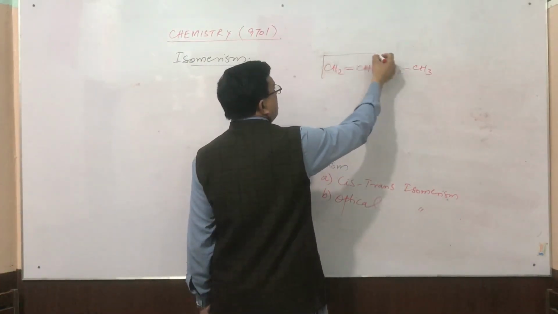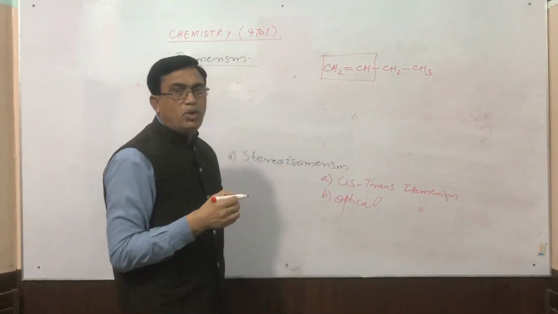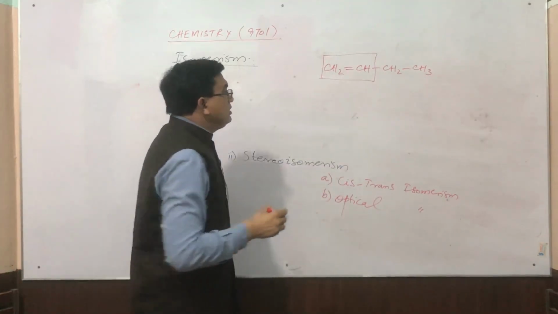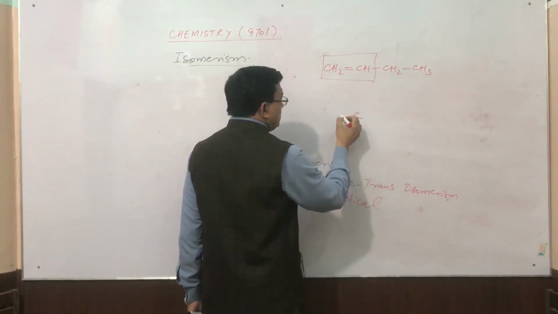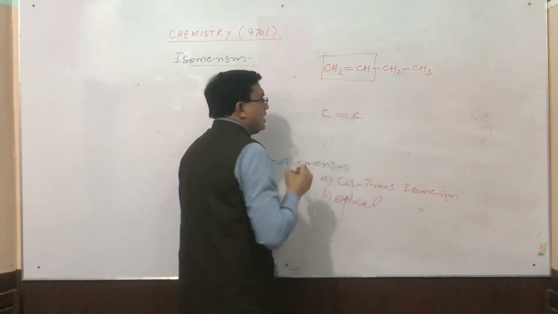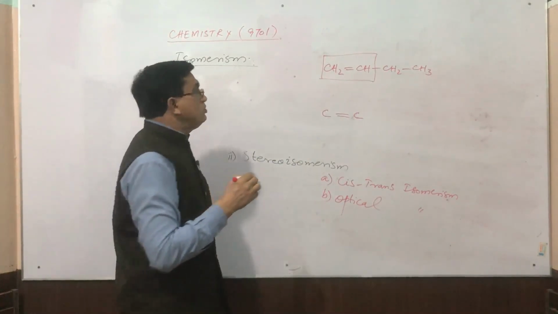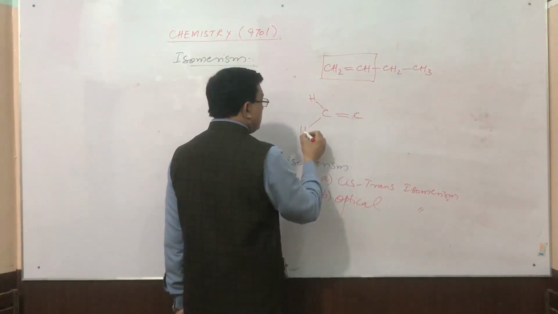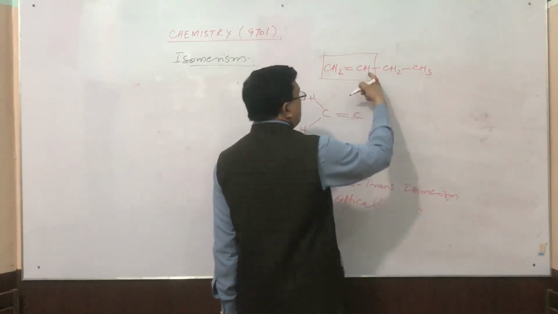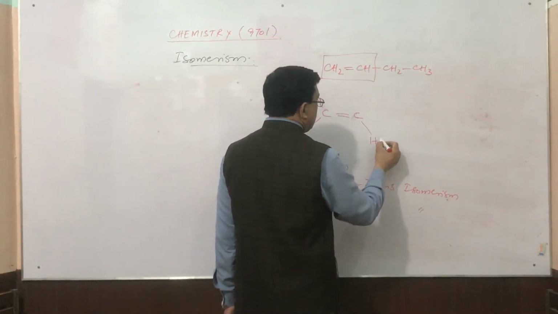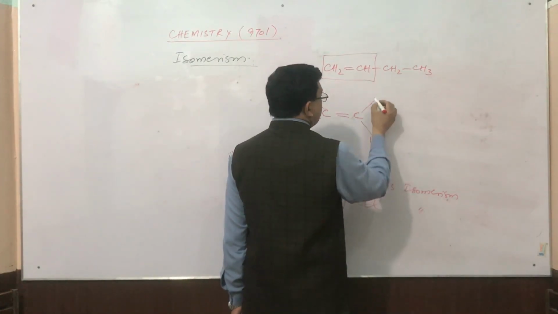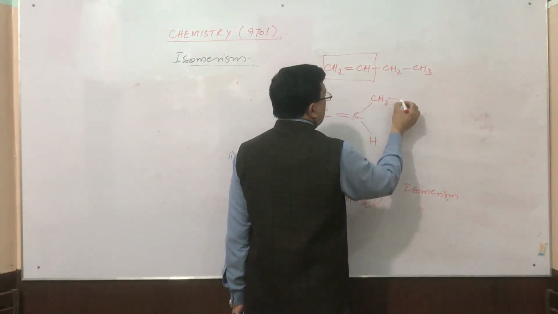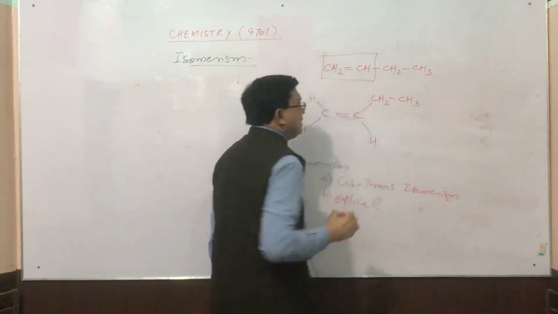Only these two carbons contain the double bond. If these two carbons contain the double bond, they will be represented just like this. Depending upon the geometry, we can mention one hydrogen here, a second hydrogen here, and this hydrogen might be represented here, or these groups are attached to this side.